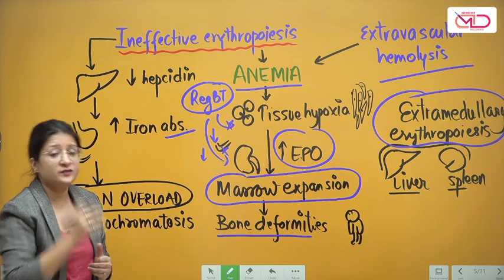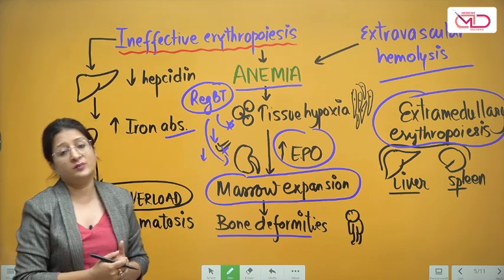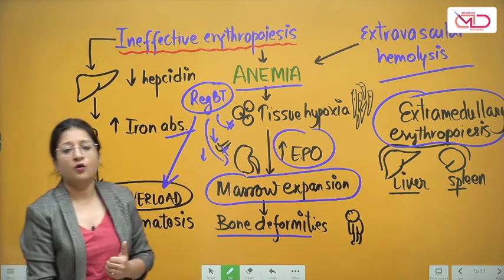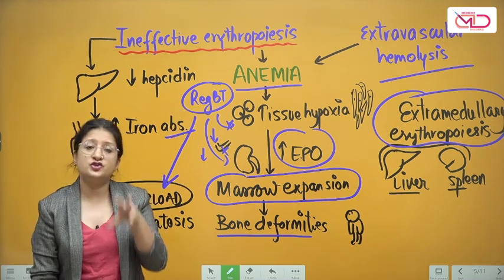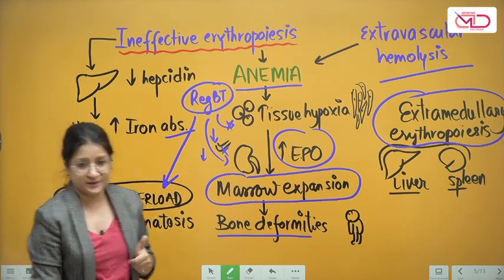The downside of this is that even if you give regular blood transfusions, you will lead to iron overload. So apart from regular blood transfusions, these children often need iron chelating agents, right?